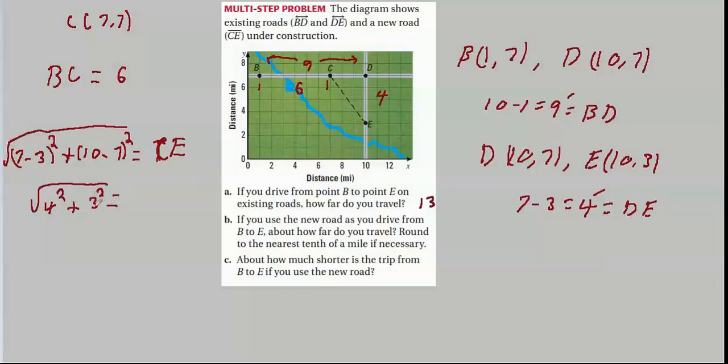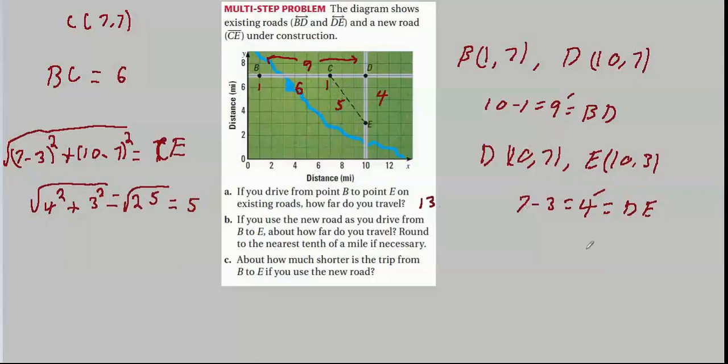Well, this is 16 and this is 9. So we want the square root of 25. And I'm pretty sure that's 5. So this leg right here, this is 5. So if we cut corners, what do we end up with as a total?